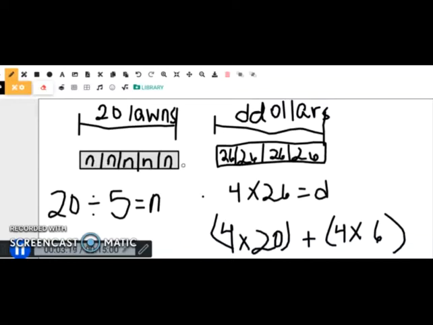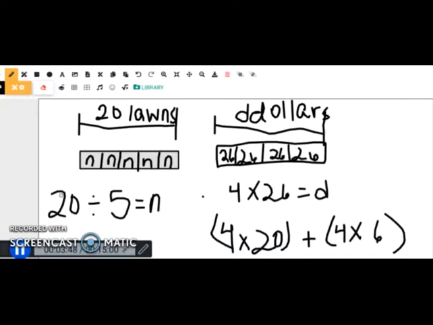Now remember, we talked about how do we determine if we're multiplying or dividing. When we know the total and we have one of the parts, which we know 5, we know that she mows that in 5 days, we need to find the other part using division. So in this case, I know that she mows 20 lawns in 5 days. I need to look for N. N means that we're going to be looking for how many she mowed in one day.